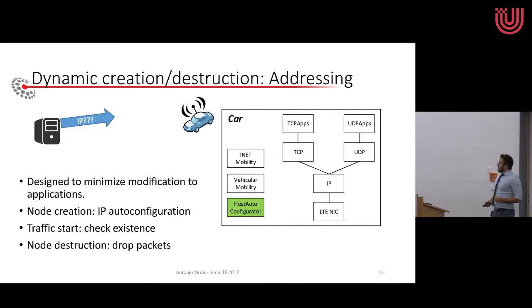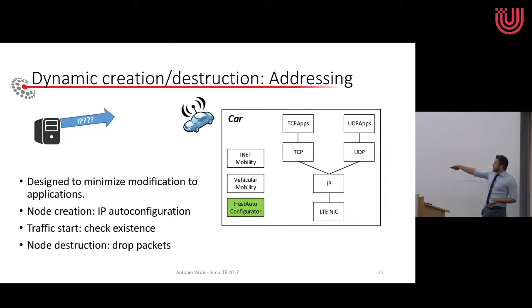The other element we had about the dynamic creation and destruction was the addressing. So we have applications within the system that, of course, need to communicate with the cars, even if those elements are being created dynamically. So we included in the new car module a host auto configurator module, which basically provides an IP to the module as soon as it gets created.